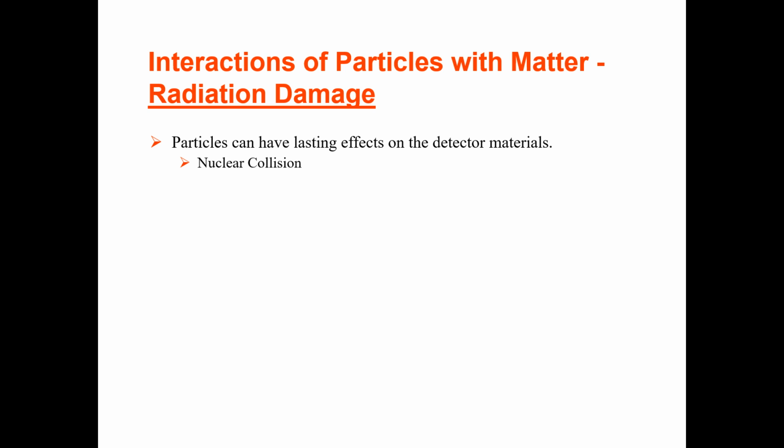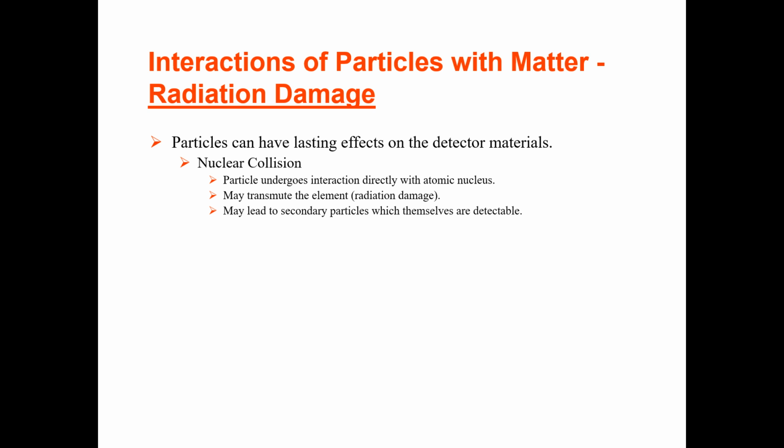During the interaction of the particle with the matter, we can have nuclear collisions, which we can discuss in full detail later in this course. When a nuclear collision occurs, the particle can undergo interaction directly with the atomic nucleus.